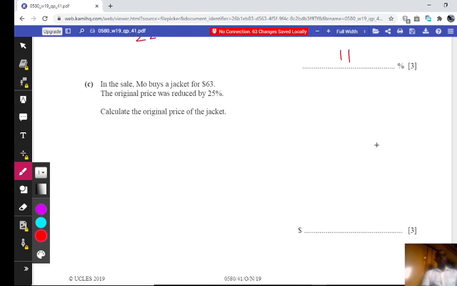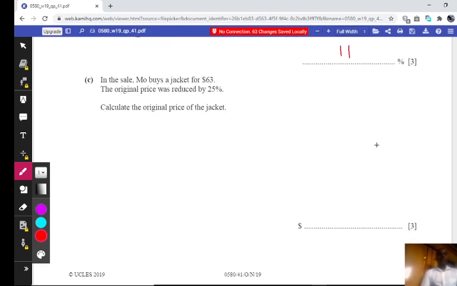Next part, Part C. In the sale, Mo buys a jacket for $63. The original price was reduced by 25%. Calculate the original price of the jacket. We don't know the original price, but the price that he bought the jacket is $63.